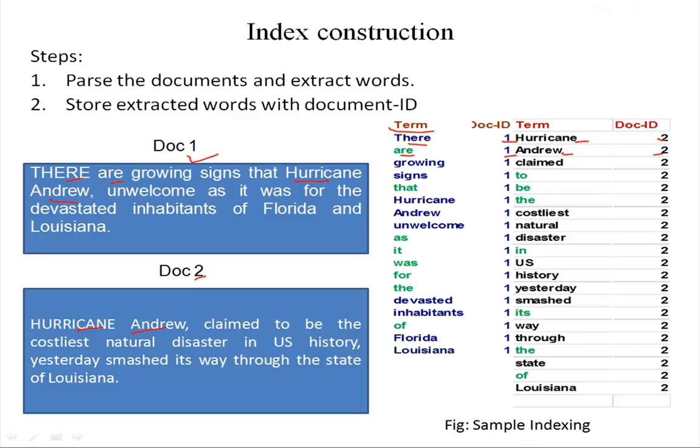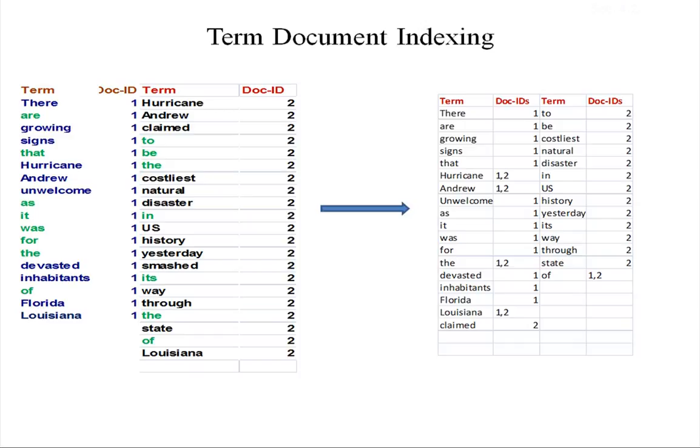If you maintain term ID and document ID as a separate entry, then such repeating terms may increase the disk space and increase the time complexity in any document related computation task. So the first process may be term document indexing.